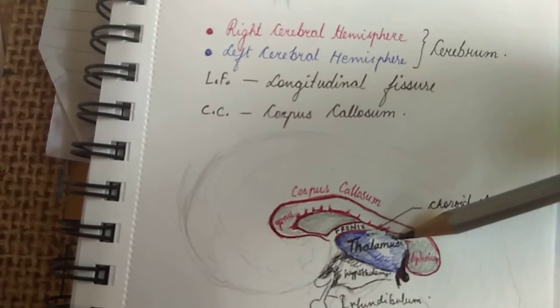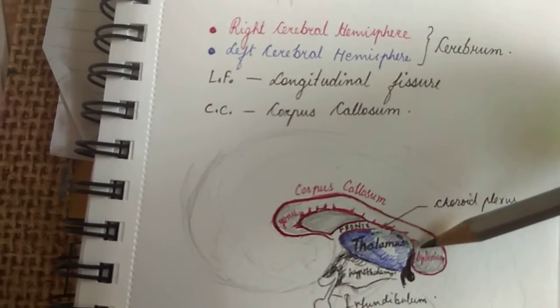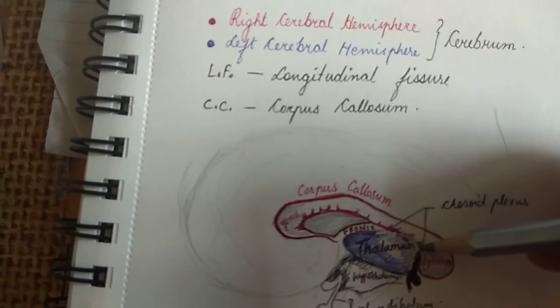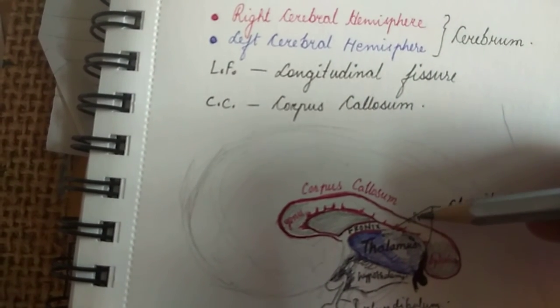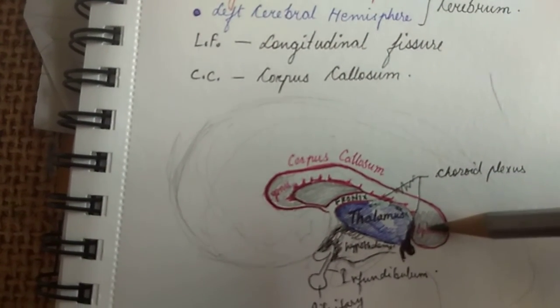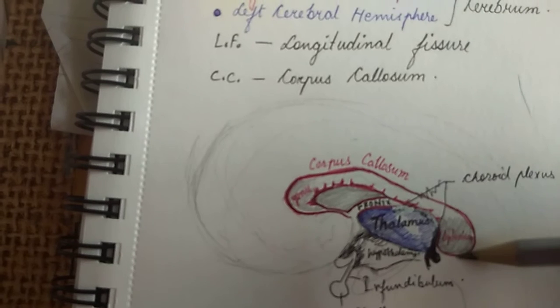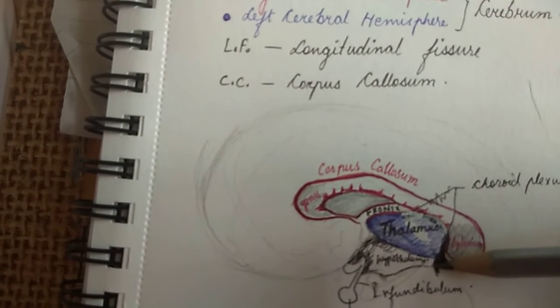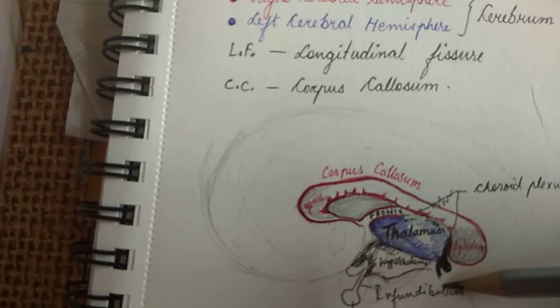The anterior choroid plexus possesses a small stalk called pineal stalk, which bears the pineal gland.